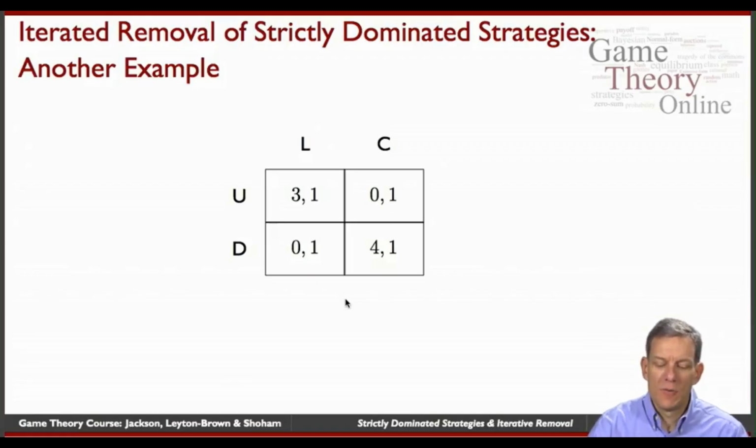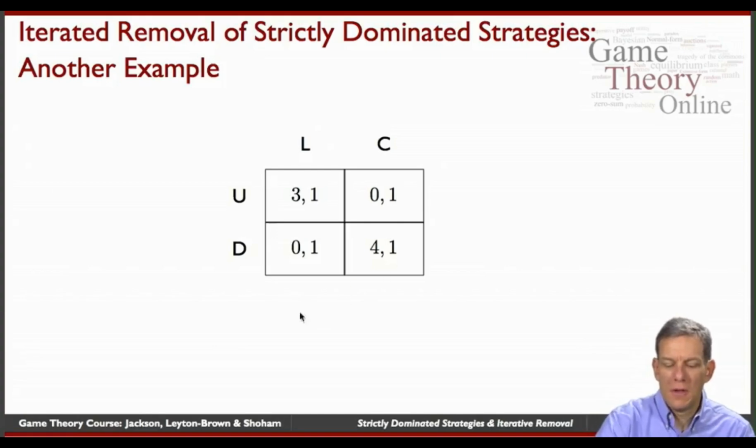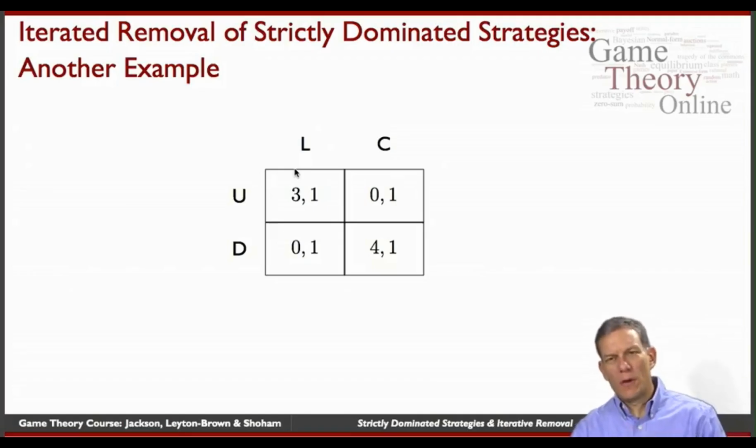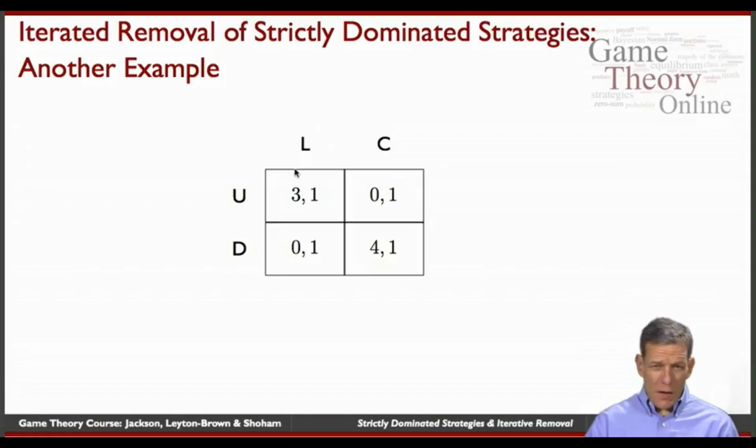Now this game doesn't really reduce any further. The column player is indifferent. The row player likes up better if the column player goes left, likes down better if the column player goes right. So what's going to happen in this game? Now you'd have to do further analysis. And actually, if you want to go through and solve for the Nash equilibria of this game, there's a lot of them.